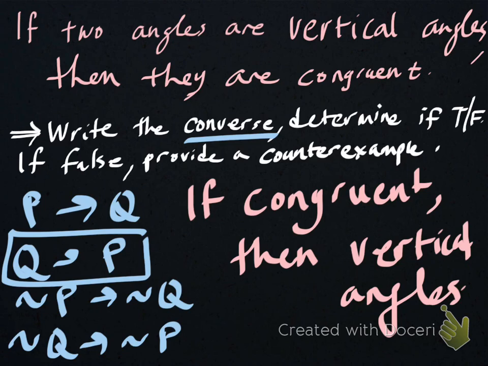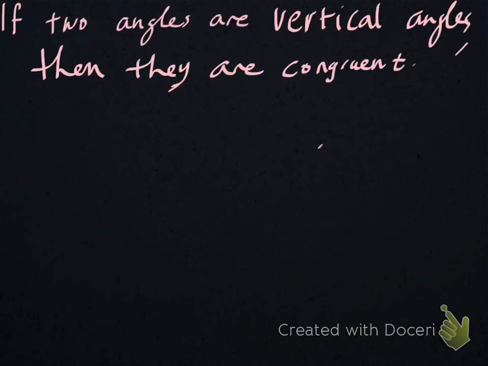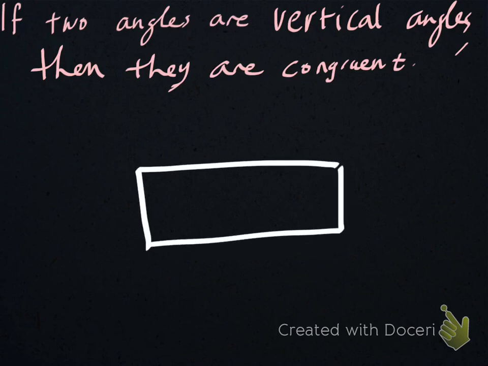Now the question is, is that actually true or not? Well, let's think about it. If you have two angles that are exactly the same size, do they necessarily have to be right across from each other in a vertex form? Well, for example, if I were to draw this rectangle, here are two angles that are congruent in that they're both 90 degrees, but they don't share a vertex, do they?